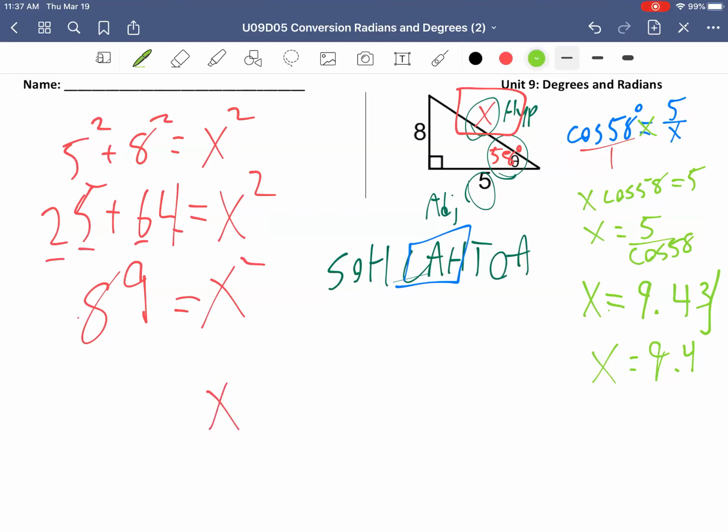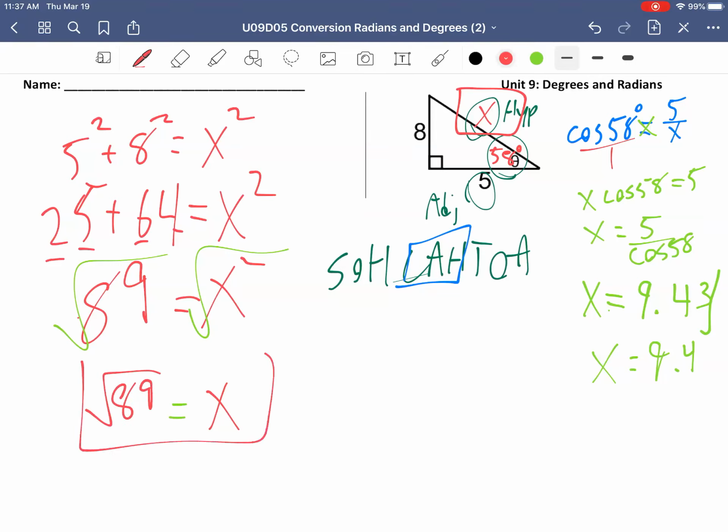So I want to know what x is, so I have to take the square root of both sides. Now, that means x is equal to the square root of 89. I don't believe that has any perfect square factors, so this is the value of x. It should be approximately equal to 9.4 if we enter it into a calculator. I'm sure they're very similar.